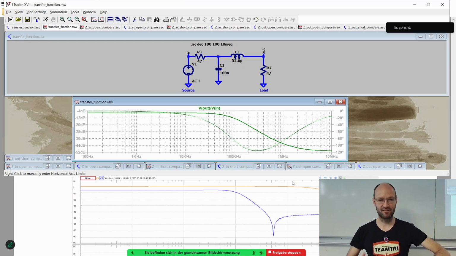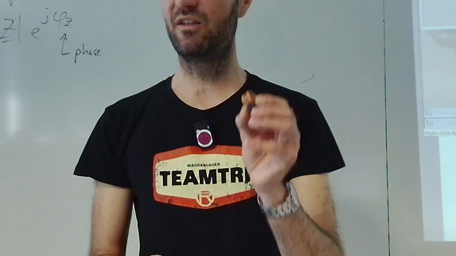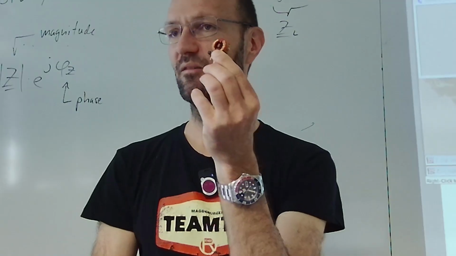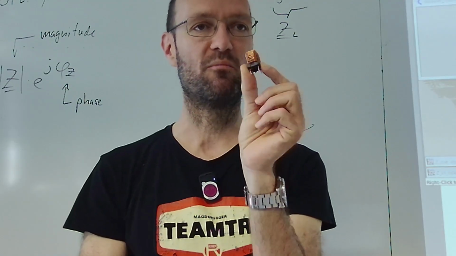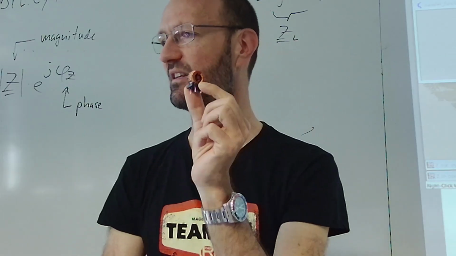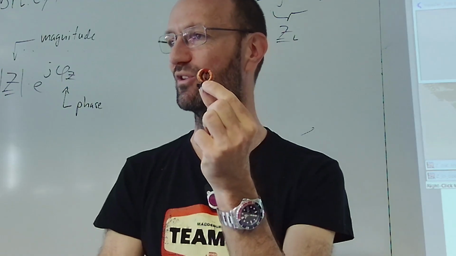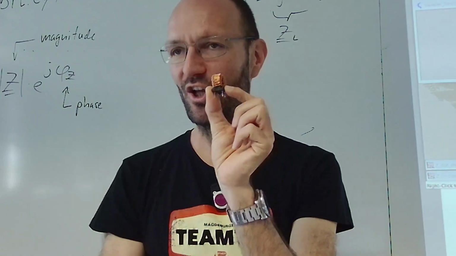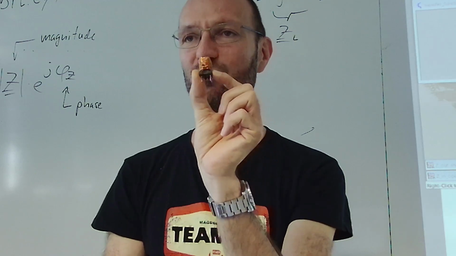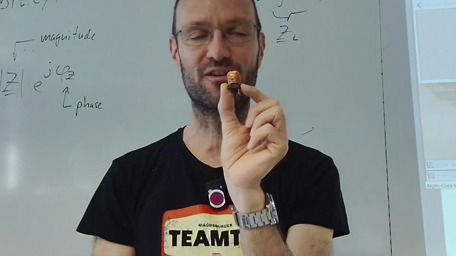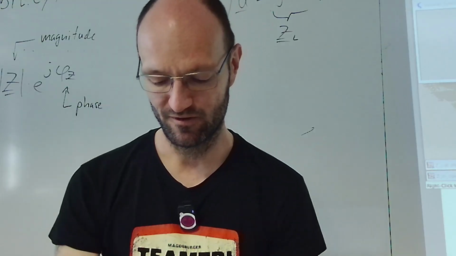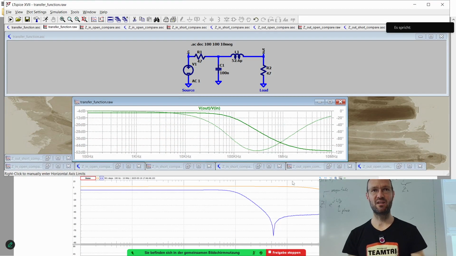So there's some last parasitic, unwanted effect that unfortunately happens in real life that is not yet included in our model. What could be the reason why the filter in reality does not behave that well as the filter in the model?